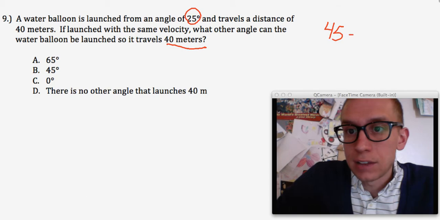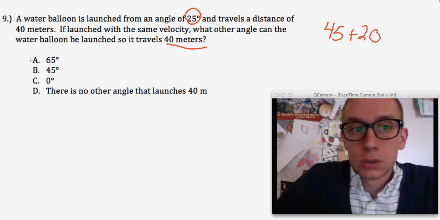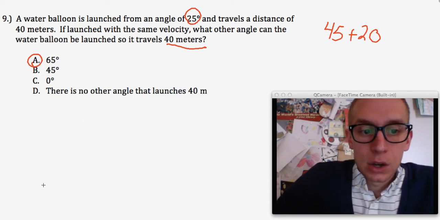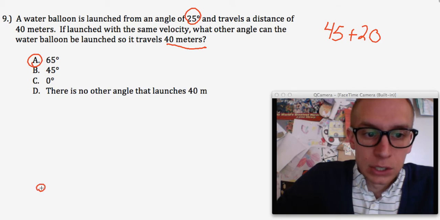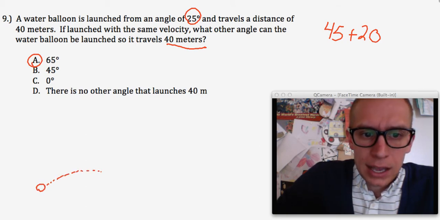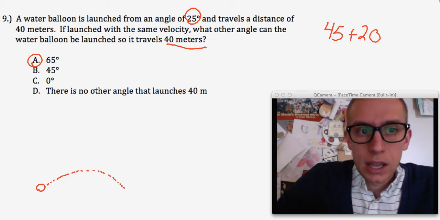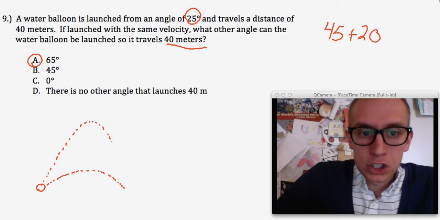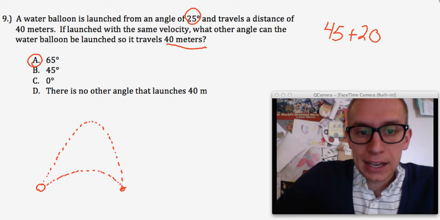Well, 45 plus 20 will give you 65 degrees. So visually what would happen is, here's a balloon. If we're launching from 25 degrees, it's going to go up, and it's going to come back down and hit the ground. If we launch from an angle of 65 degrees, it's going to go a lot higher, but they should land back at the same spot.